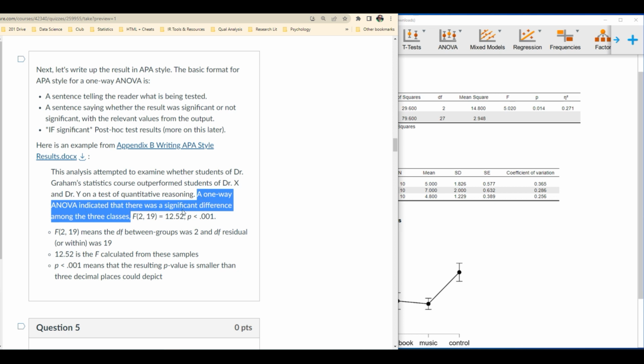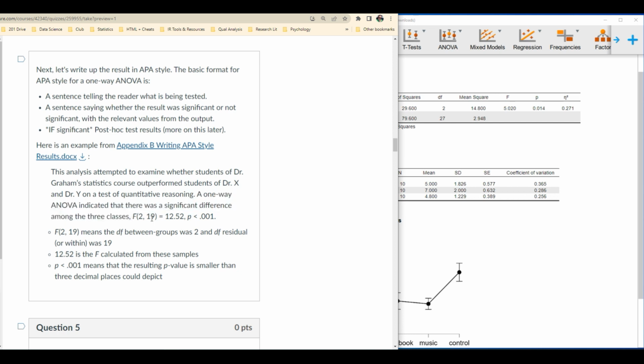So we include what test was run, a one-way ANOVA, and then what did we find? It indicated that there was a significant difference or a non-significant difference, depending on your p-value, among the levels of your IV. So in this case, three classes. That is the claim that you are making.